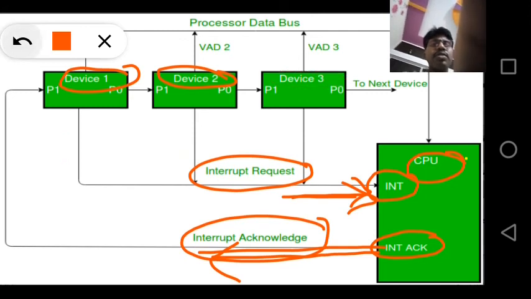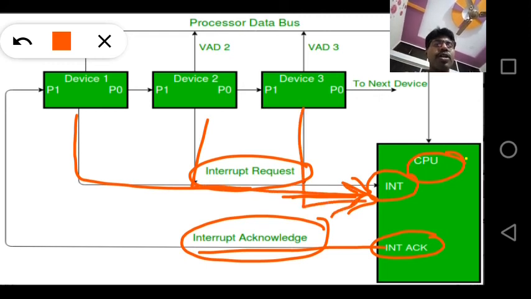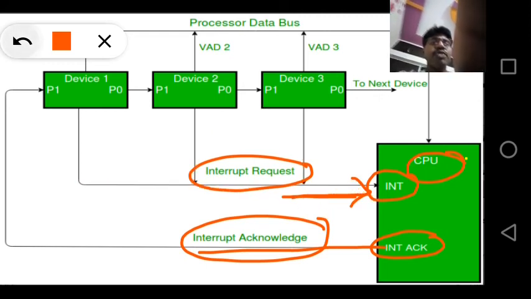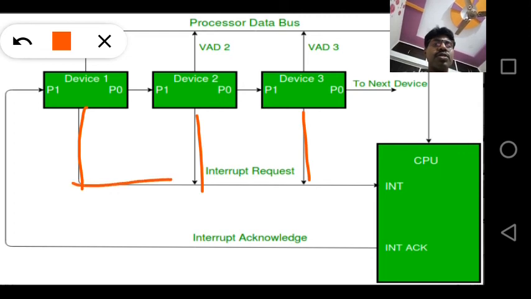Remember, if you observe, all devices can send an interrupt request using a common line. It is very important to understand this point. These devices send a common interrupt line.